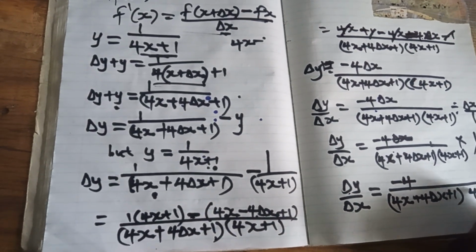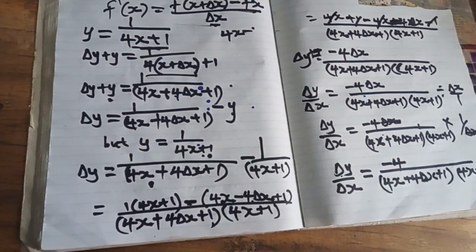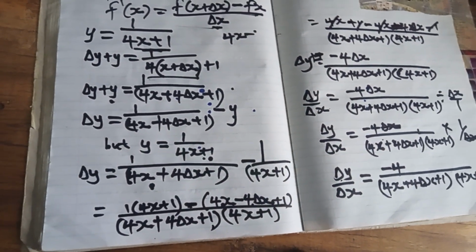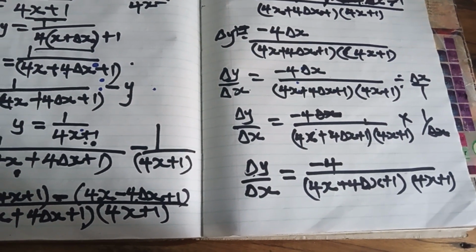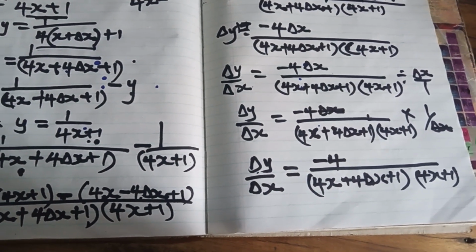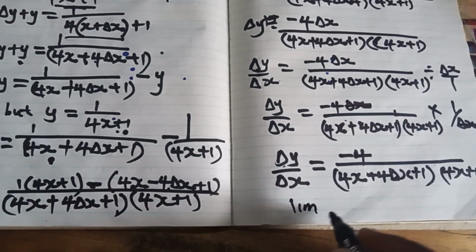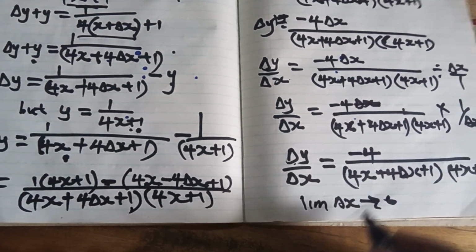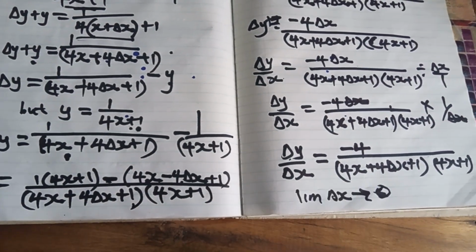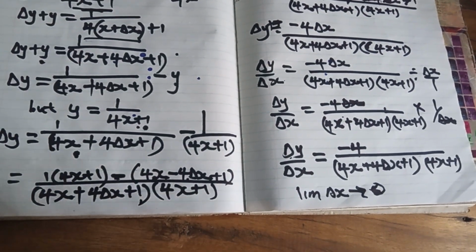Then we have 4x plus 1. Now, our last step in this calculation, always we replace the value of change in x, or the limit as change in x approaches 0. So whenever we see change in x, we have to put 0 there.